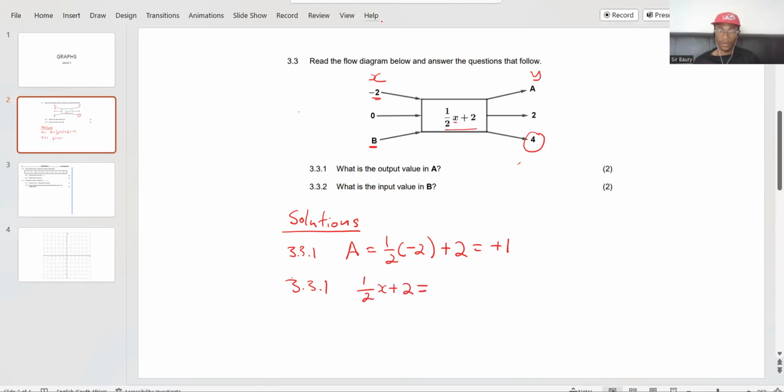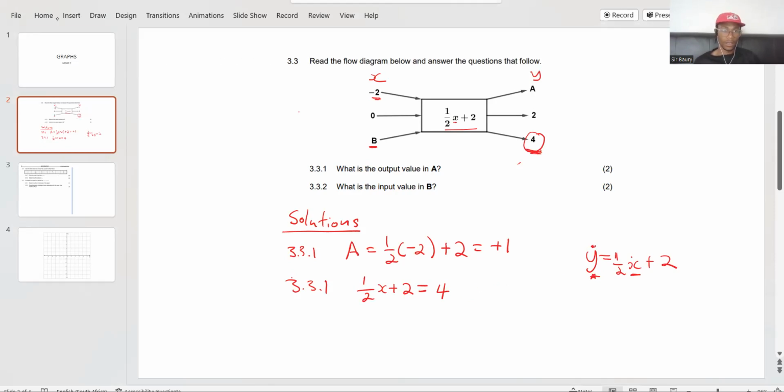It is going to be equal to the Y value, which is 4, right? Because the formula is Y equals 1/2x plus 2. So if I'm looking for X, I substitute Y. If I'm looking for Y, I substitute X. So here I substituted Y, which is from this value here.